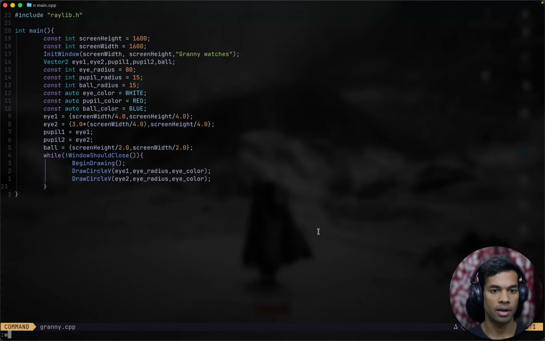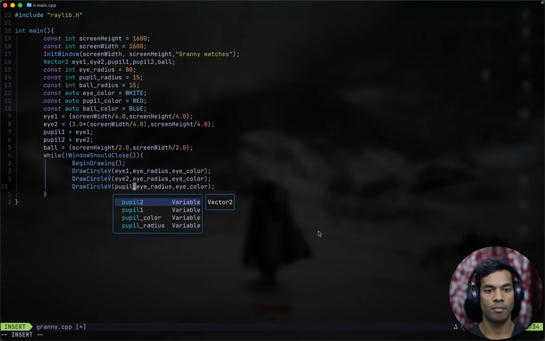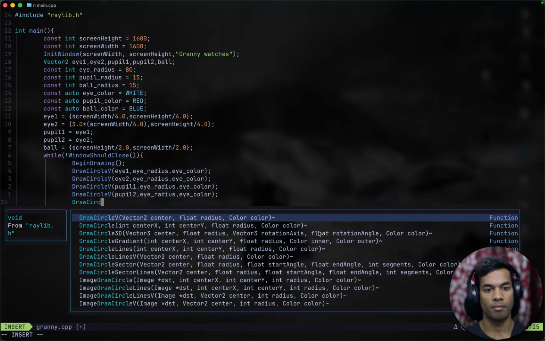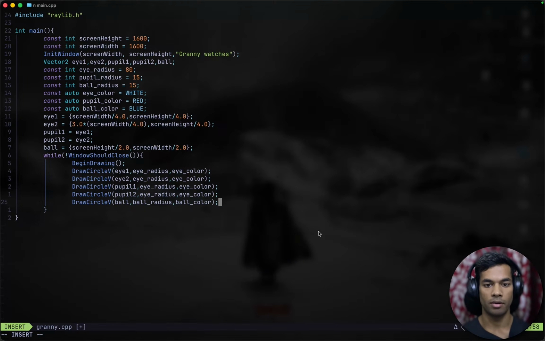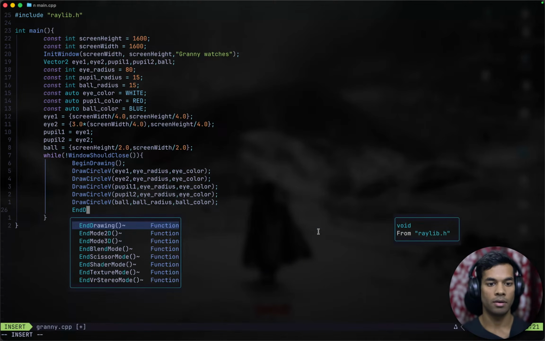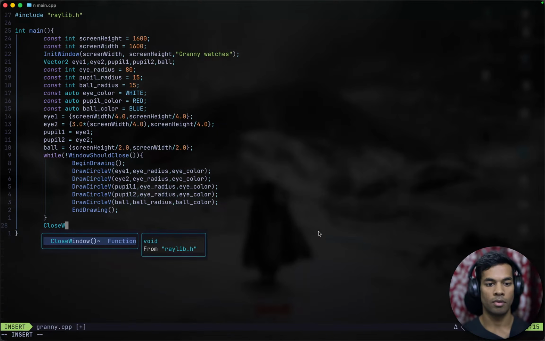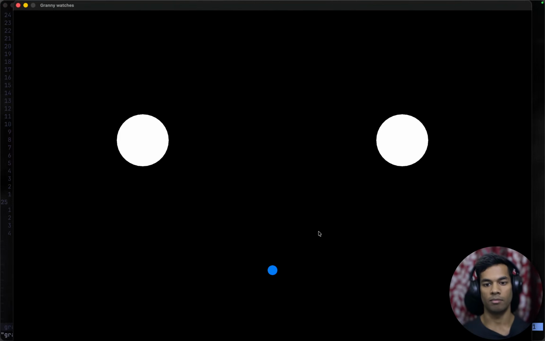And the ball will be initially in the middle of the screen. Cool. DrawCircleV, ball, ball radius, ball color, and EndDrawing, and at the end CloseWindow, and that is nice. Let's see.